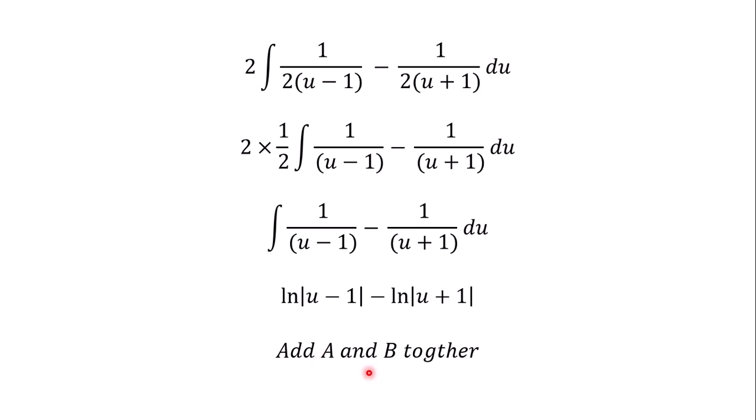Add a and b. Mind you, adding a and b does not mean you are to rewrite the question for a and b. Integrating a means finding the answer for what? A. I just call that one A to help us identify the answer for that question.